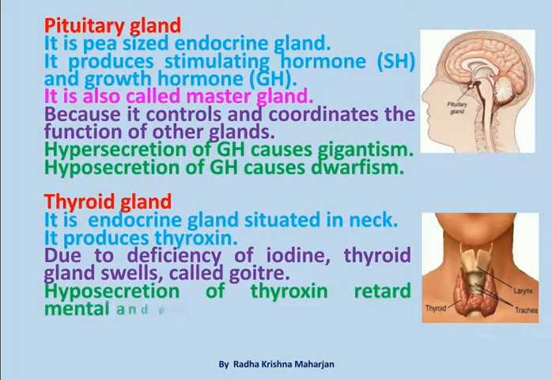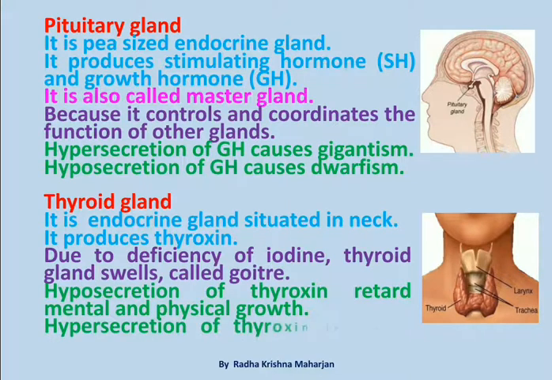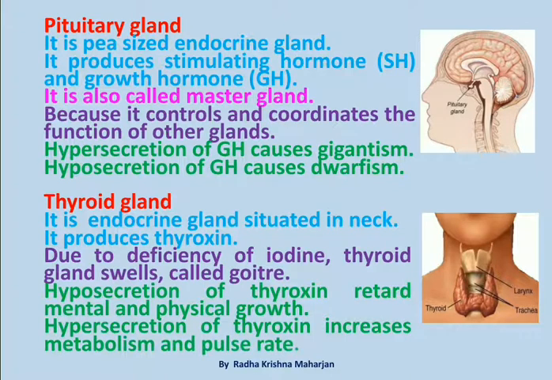Hyposecretion of thyroxine retards mental and physical growth. Hypersecretion of thyroxine increases metabolism and pulse rate.